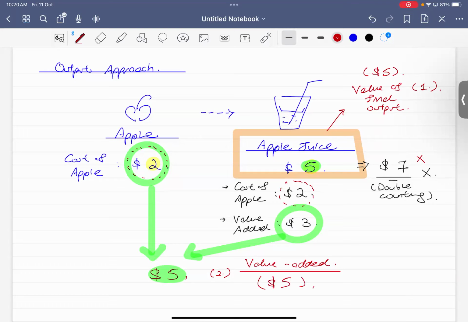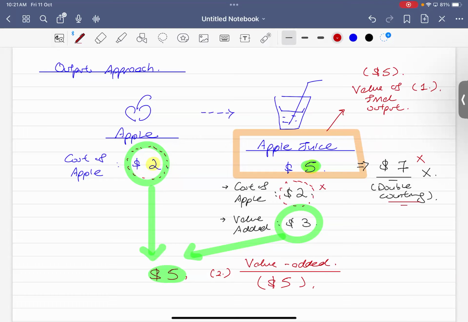So that is the right way. You cannot straight add up 2 plus 5, that's wrong because of double counting. So we need to avoid this double counting here.